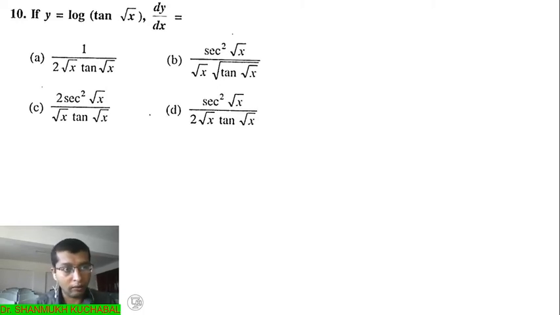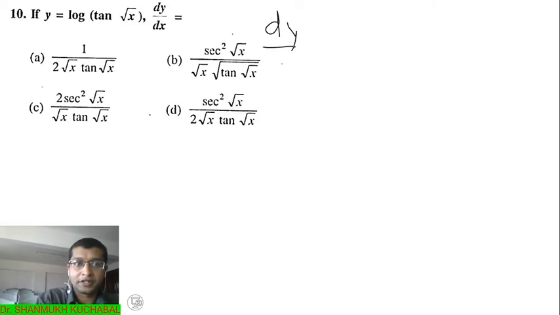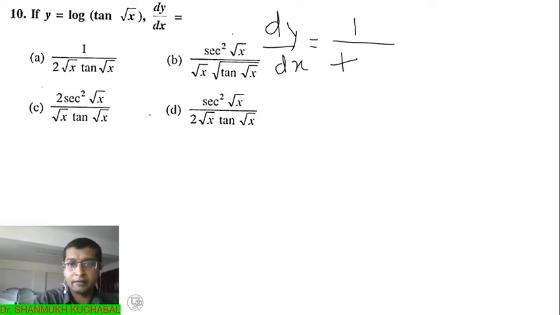y equal to log of tan root x. We have to find dy by dx. All of these are examples based on composite function differentiation. So y's differentiation is dy by dx. Log of f of x is 1 divided by f of x, so 1 divided by tan root x.